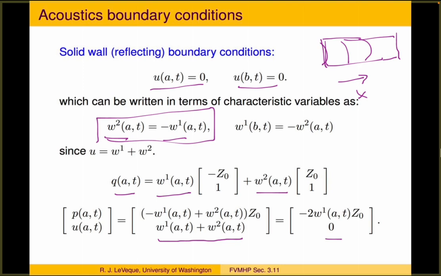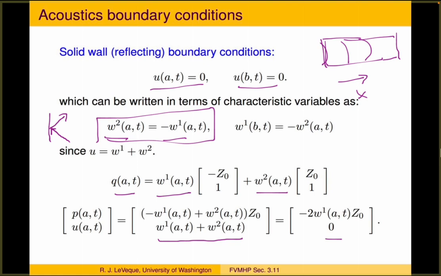If we say W2 is minus W1, then we're saying that the sum of the two should be 0. In other words, the velocity should be 0. But you can think of this now in terms of the characteristic variables as saying that whatever hits the boundary, given by W1 times R1 propagating to the left, at that time we have correspondingly an incoming variable W2 that's not the same as W1, but it's the negative of that in order to get velocity equal to 0.